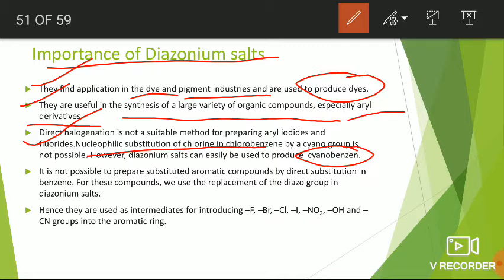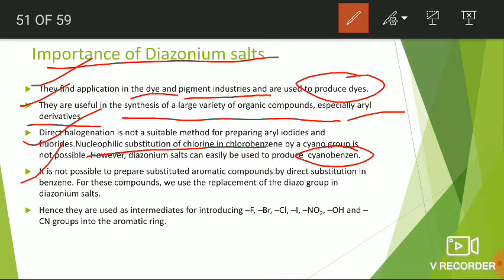It is also difficult to prepare fluorobenzene directly, but we can easily prepare fluorobenzene through treatment of diazonium salts with the respective fluorine containing molecule. Okay, next one.